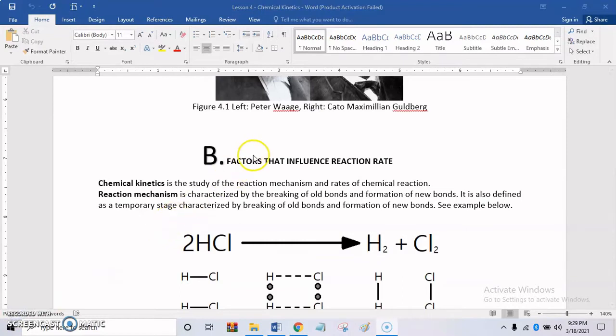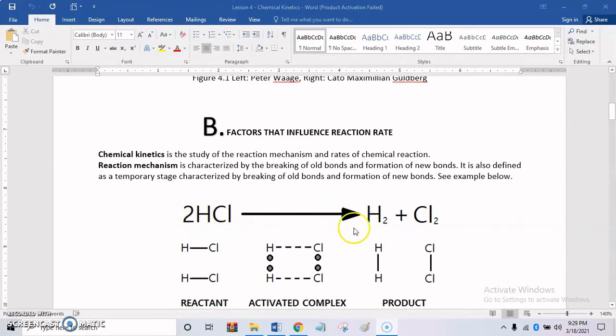Topic: factors that influence reaction rate. So there are factors that influence a reaction rate. For example, this chemical equation is hydrochloric acid decomposing to hydrogen and chlorine.